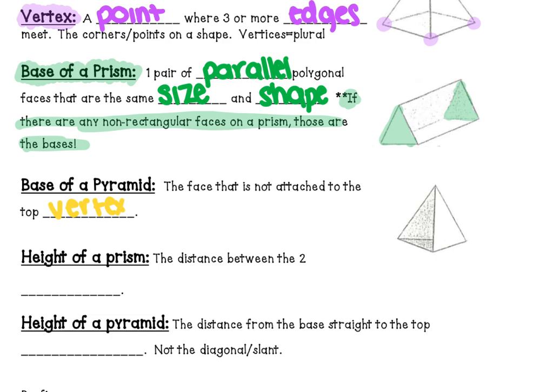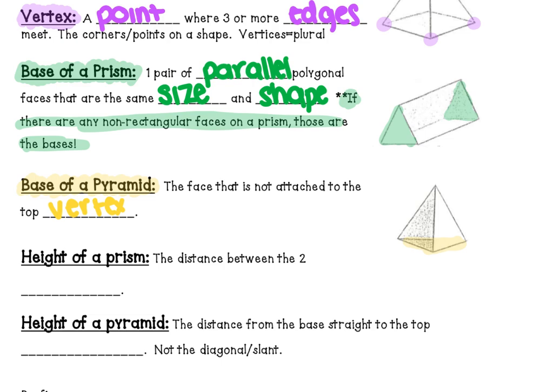Whatever face is not attached to that top point, so here's my top point, this is going to be my base because it's the one piece that's not attached to that top vertex. So using the last of your 5 colors for the base of a pyramid, we're going to go to this bottom shape. Here is our top vertex. The one piece that's not attached to it is this piece down here, and that's the one we're going to shade in. It kind of copied funny, but that's a triangle down there.